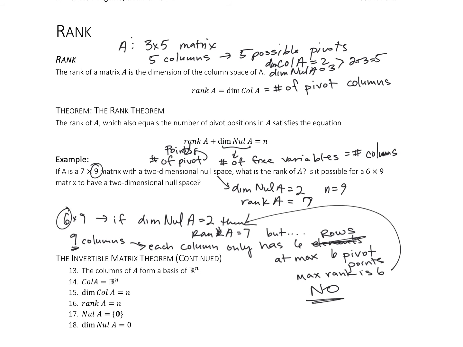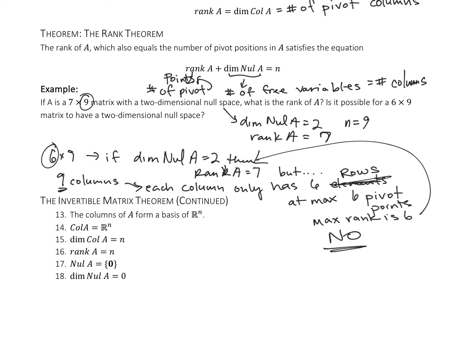All right, the last part here in talking about the rank is just combining all these ideas of basis and the column space and the dimension and all that kind of stuff and adding to our invertible matrix theorem, which turns out has been clutch for explaining everything, ever, just most of the time. So the columns of A form a basis of Rn. We already showed earlier in our invertible matrix theorem that the columns of A span Rn.